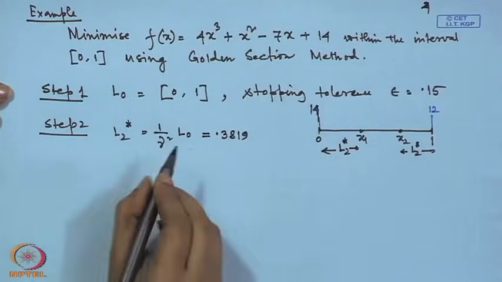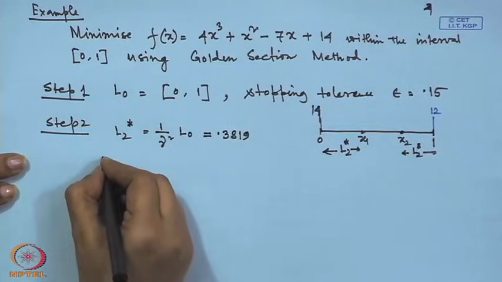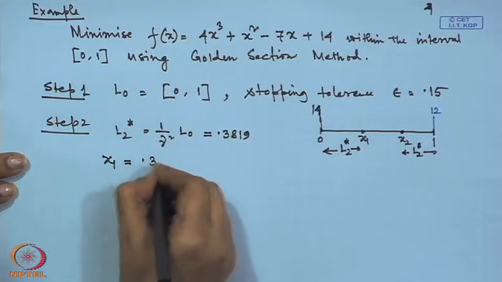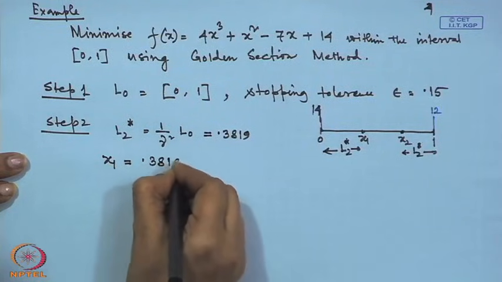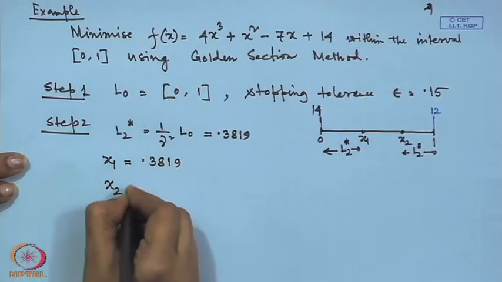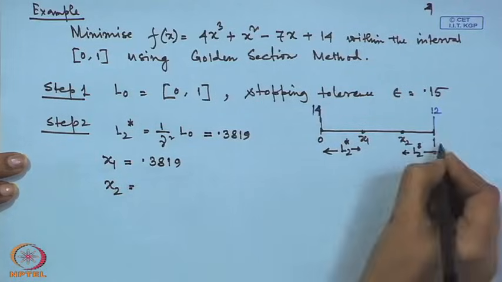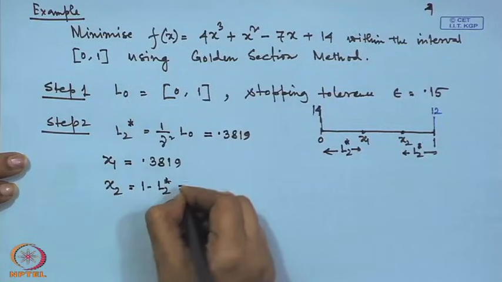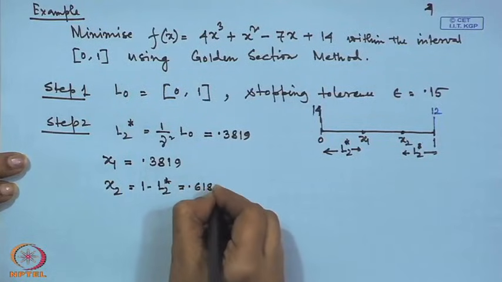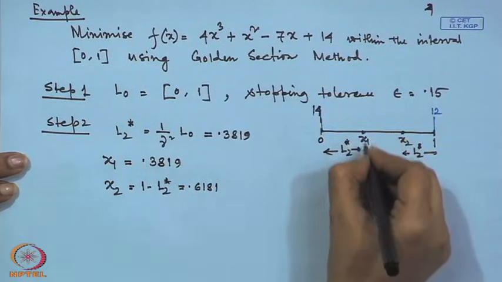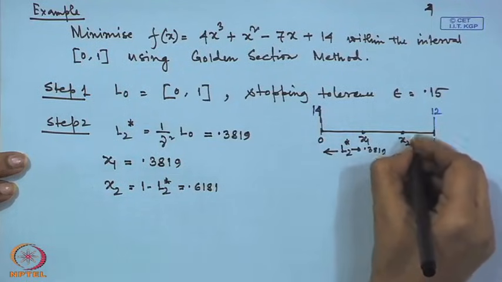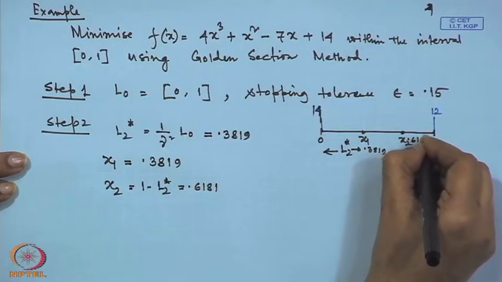Once we get this L2 star, x1 would be equal to 0.3819 and x2 would be equal to 1 minus L2 star, which is 0.6181. So x1 is 0.3819 and x2 is 0.6181.